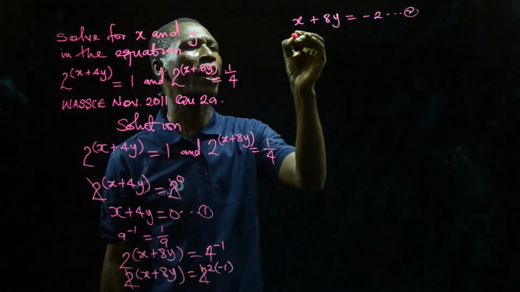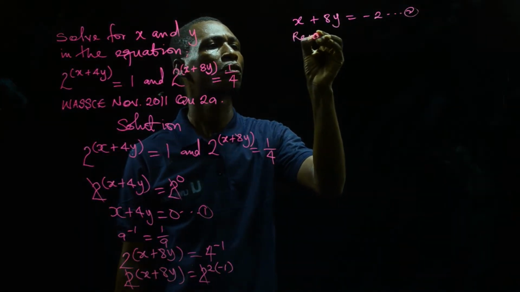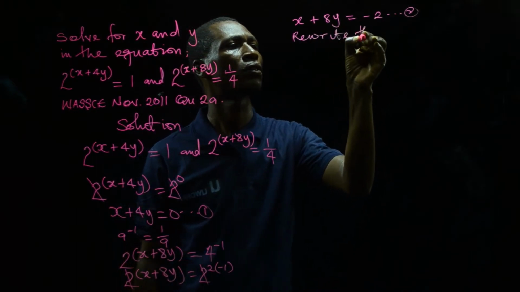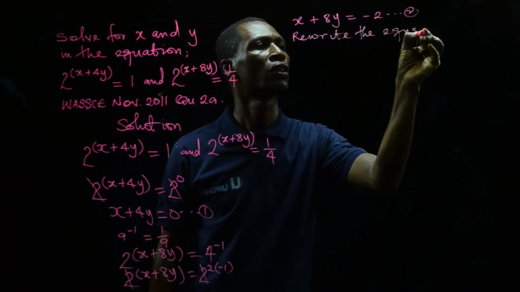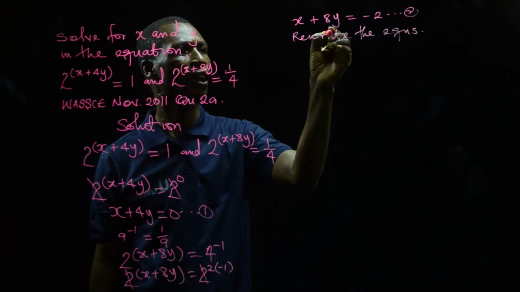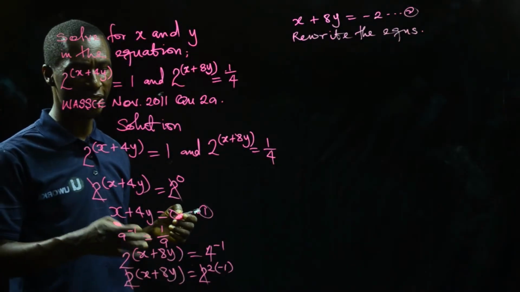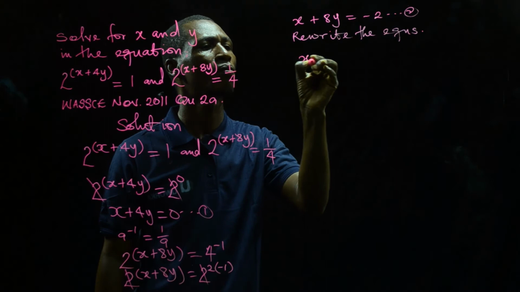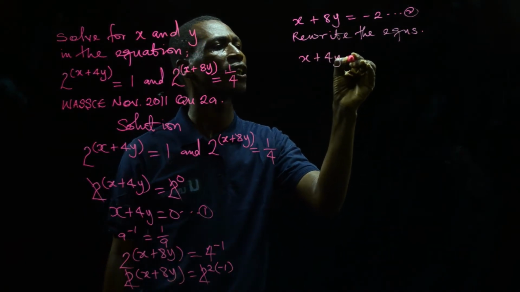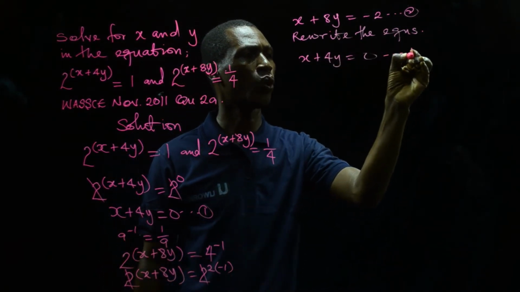So I'll rewrite my equations. Equation 1 is x plus 4y equals 0. This is equation 1.